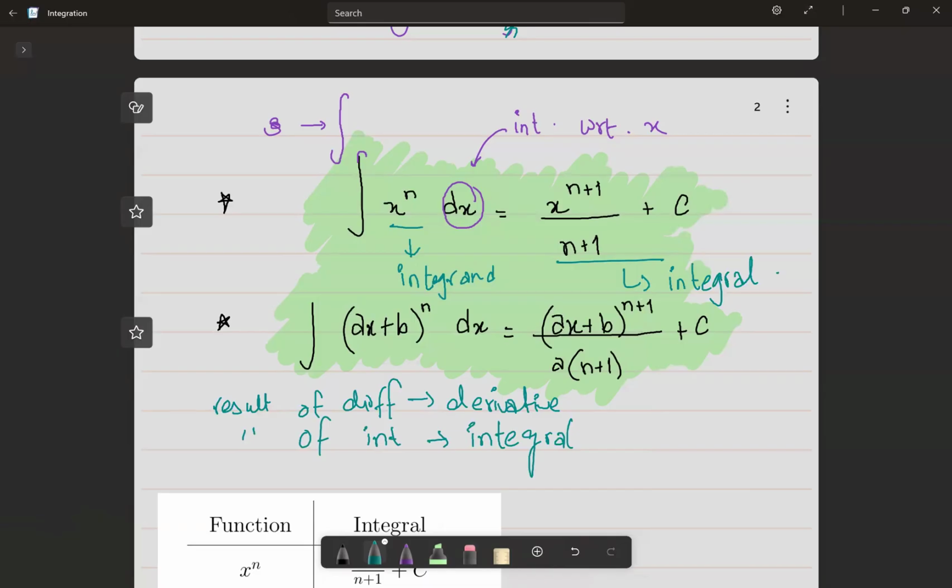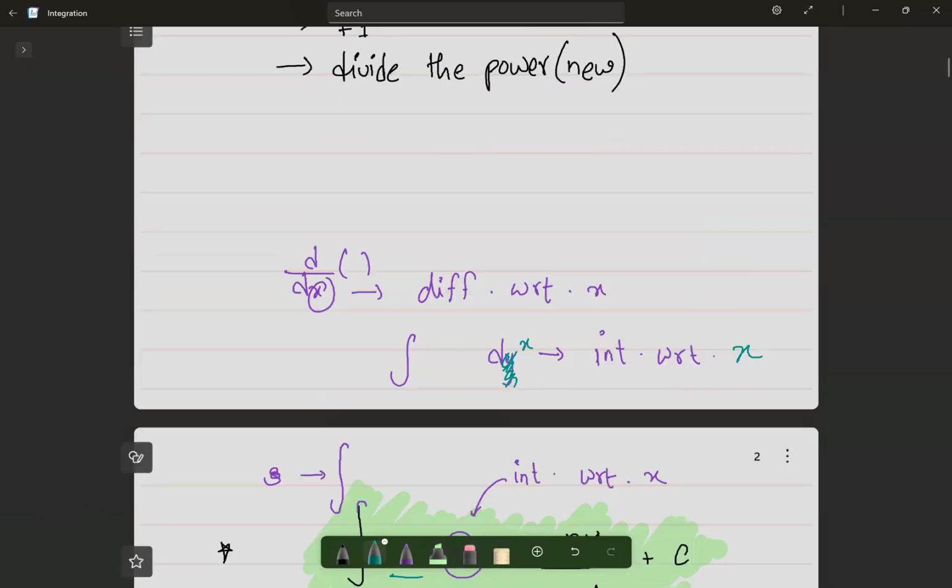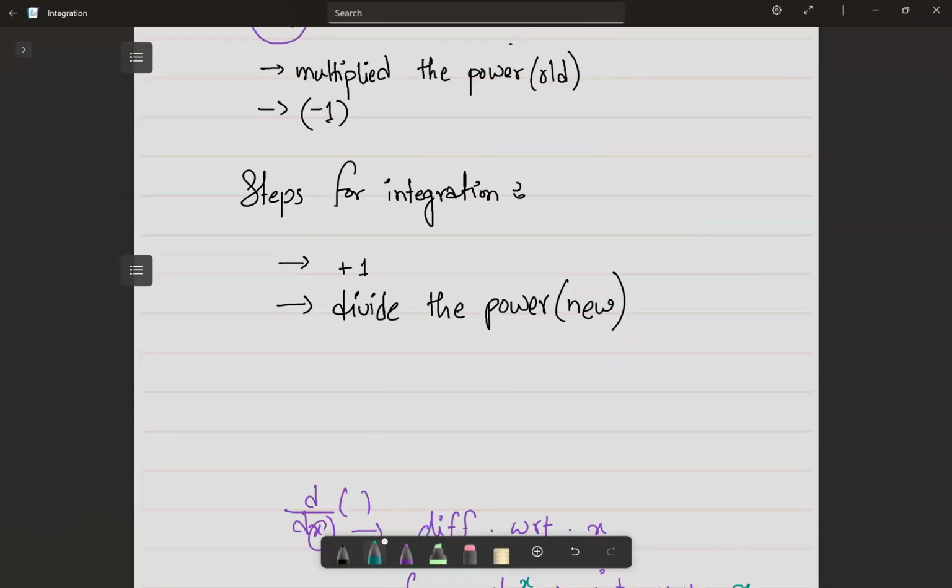So, what is the formula we just saw? The formula for integration was you first have to add 1 and then you divide by the new power. So if you have x to the power n, for integration we have to add 1 first and then divide by the new power.